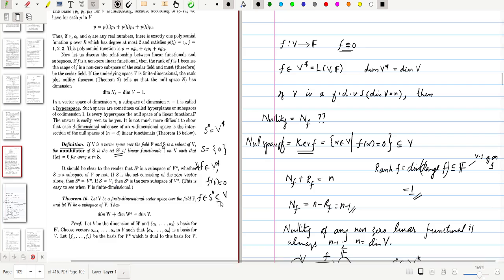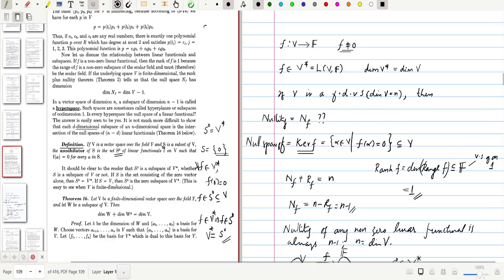So every f belonging to V star implies f belongs to S naught, because S is nothing but the singleton set 0. So V star coincides with S naught. This is one such interesting case.